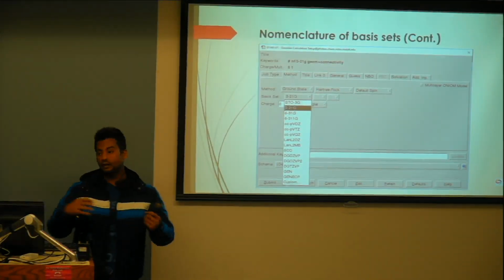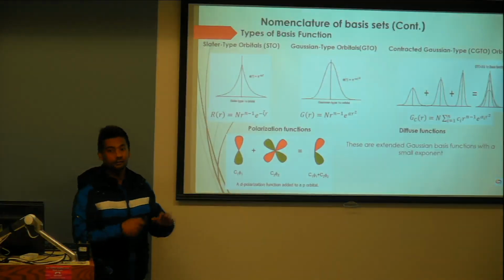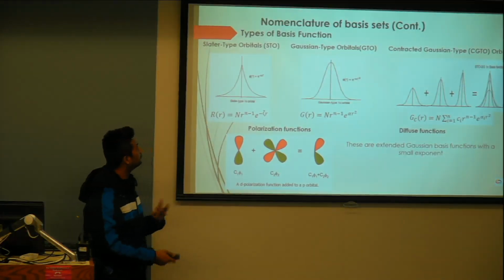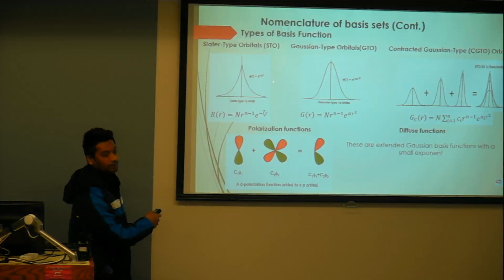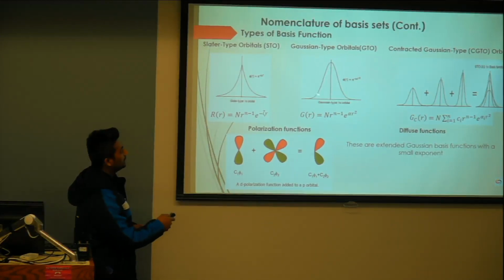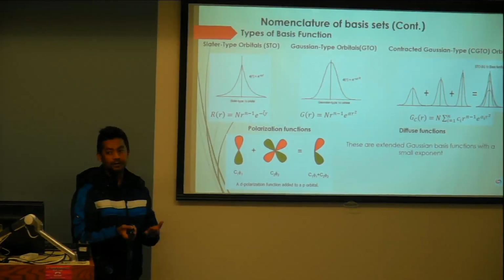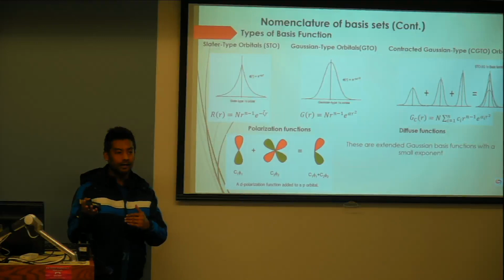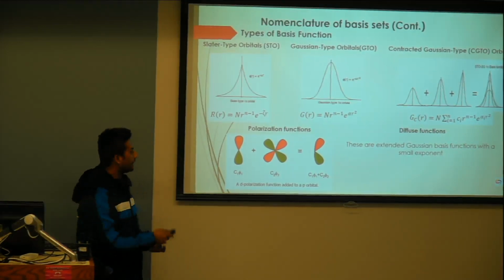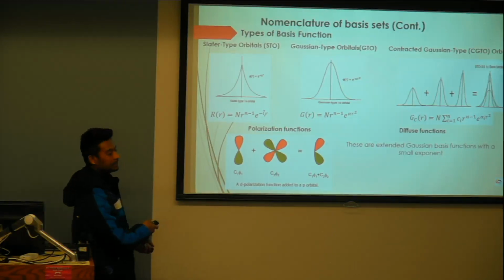What are the functions used in these basis sets? There are a lot. The most common are STO-type orbitals, and GTO, Gaussian type. These are the equations. Previously, Stephen and Mahek said something about STO and also mentioned zeta.